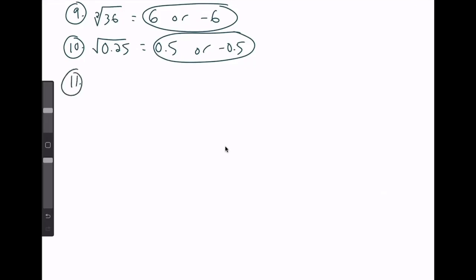11, I want to find the third root, which is the cube root of 64. Okay, so I'm going to go on my calculator, use my cube root symbol to 64, and that gives me 4. Am I good, or should I include another answer? Good. Why?